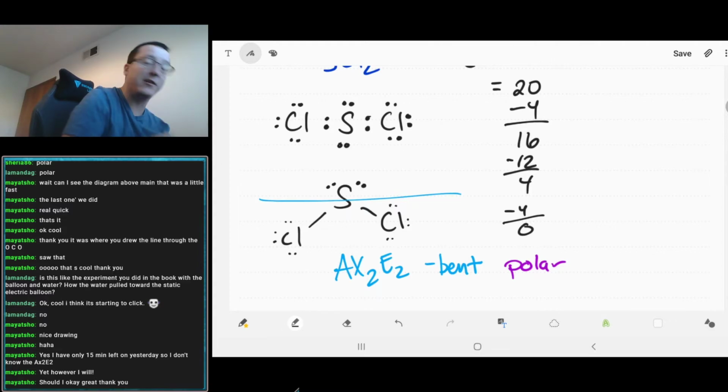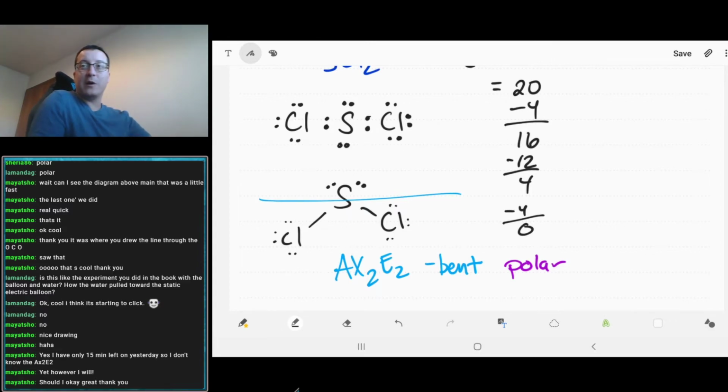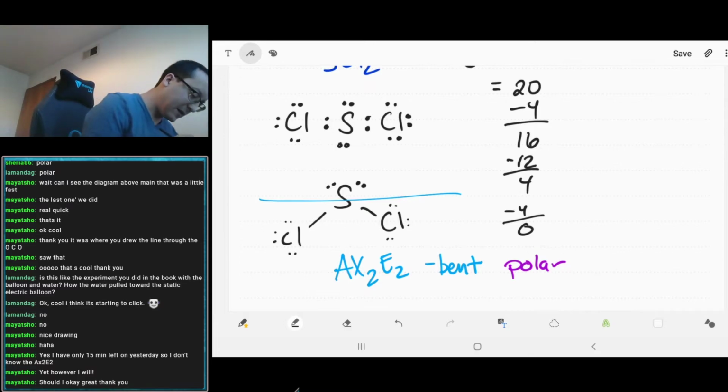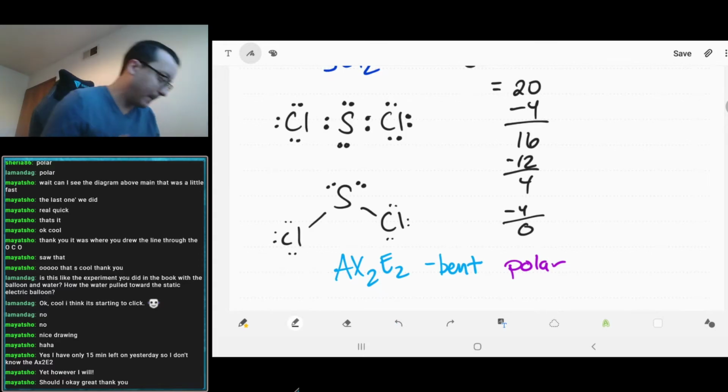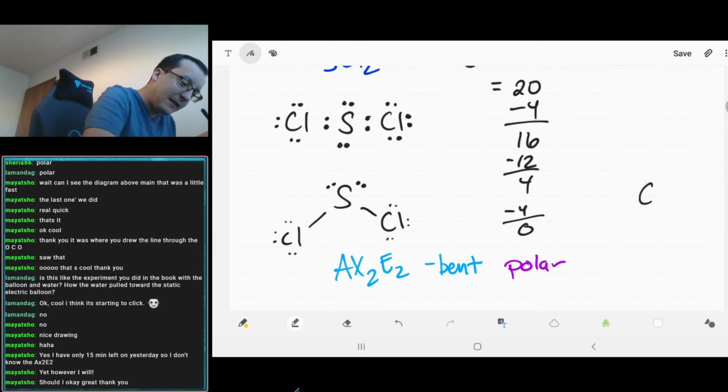So here we definitely do not have symmetry, right? If we cut the sulfur that way, we have 2 lone pairs on the top, 2 chlorines on the bottom. Definitely not the same thing. But again, an easy way for us to know is that the shape will tell us whether it's polar or not.